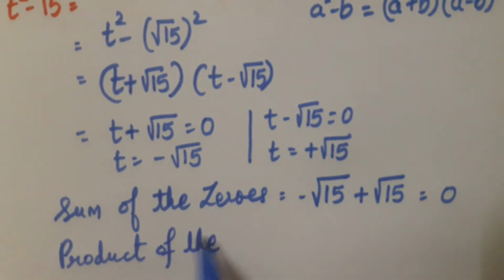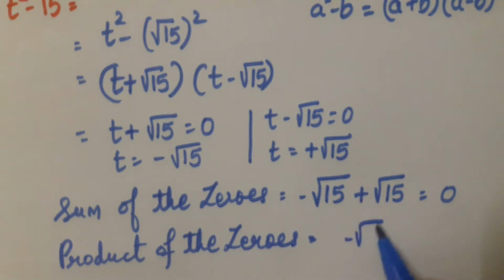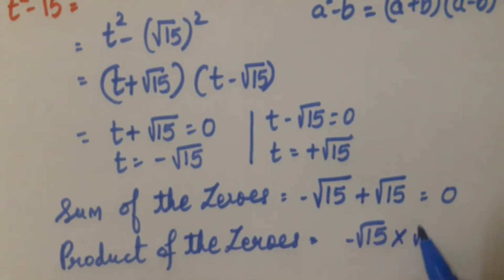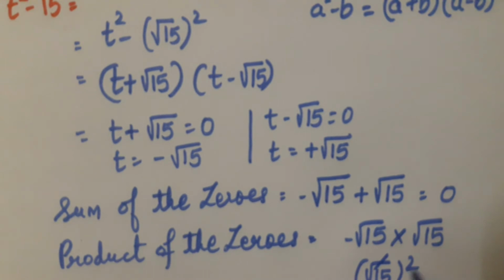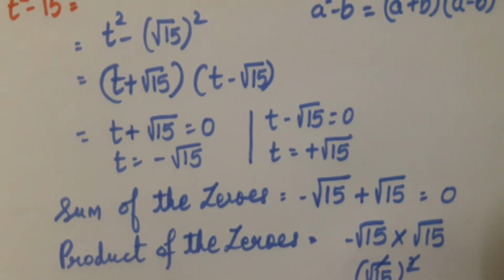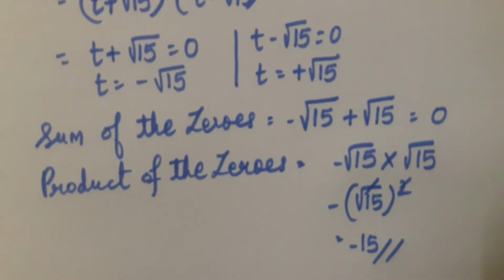Product of the zeros is equal to, we are going to multiply these two. So it's going to be minus root 15 into root 15. Root 15 into root 15 gives root 15 square, so this root and square get cancelled. I will have 15, and we have a minus sign here. So it is minus 15.